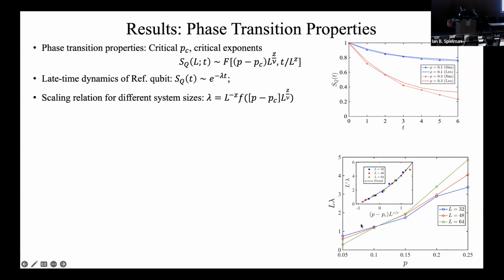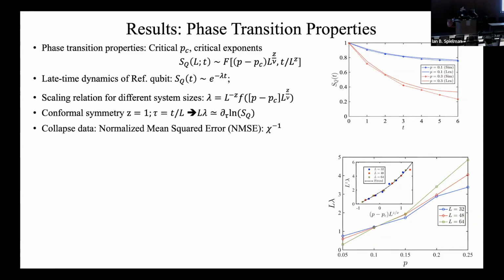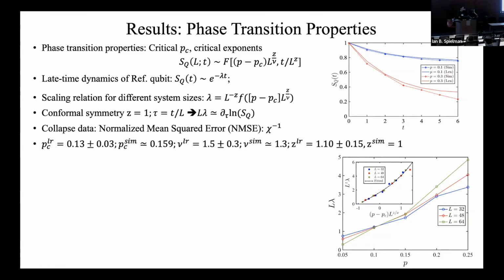Here we have collapsed the data to find these critical exponents. I don't want to go into the error analysis, just want to mention that these are the numbers we get.